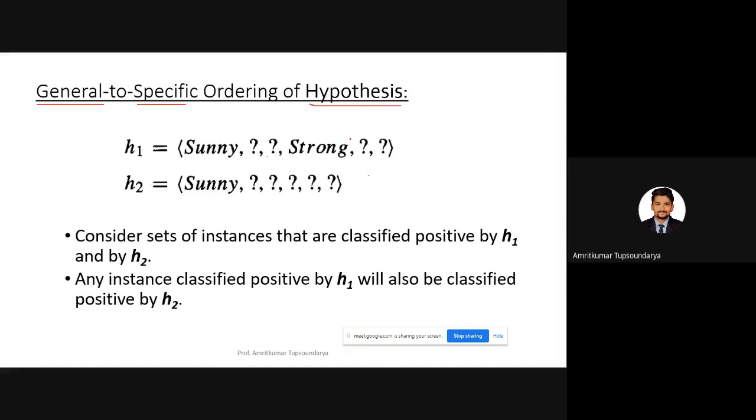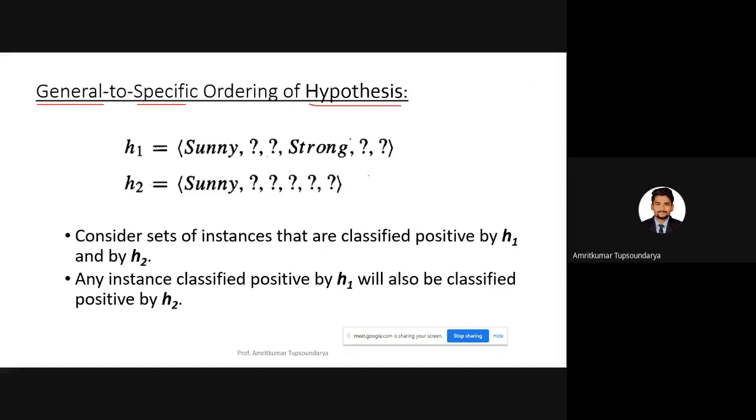This general to specific ordering is a very useful structure that exists for any concept learning problem. By taking advantage of this useful structure, we can design learning algorithms that search even infinite hypothesis spaces.